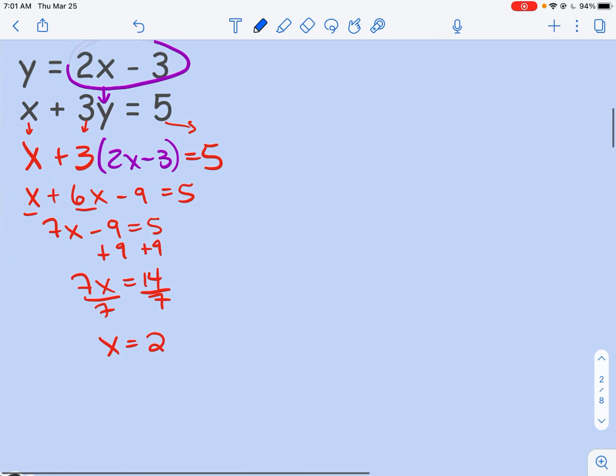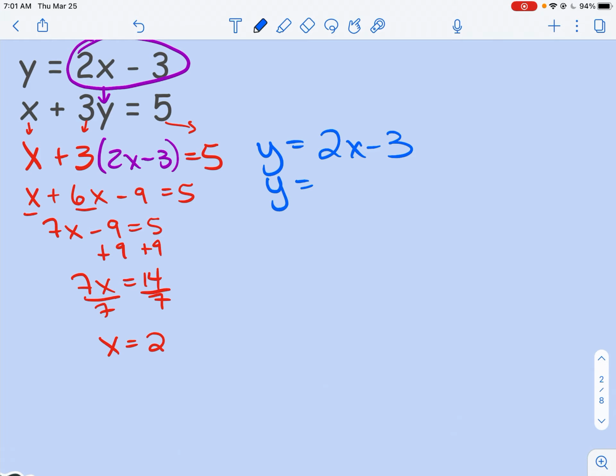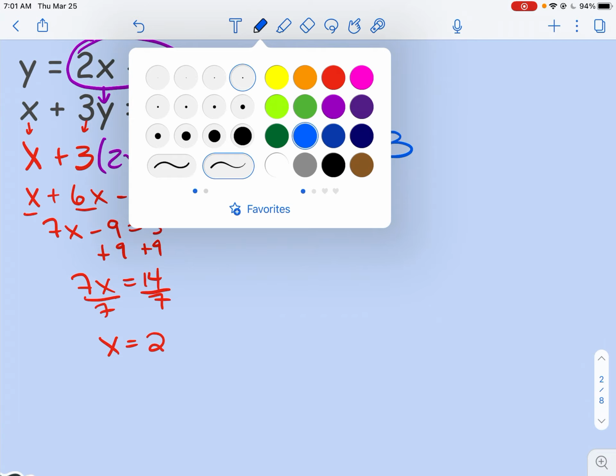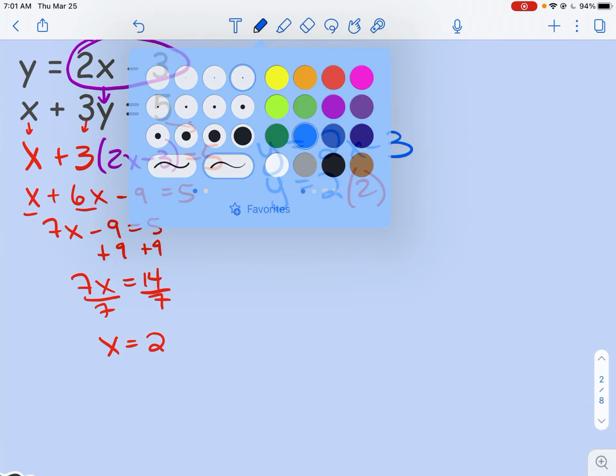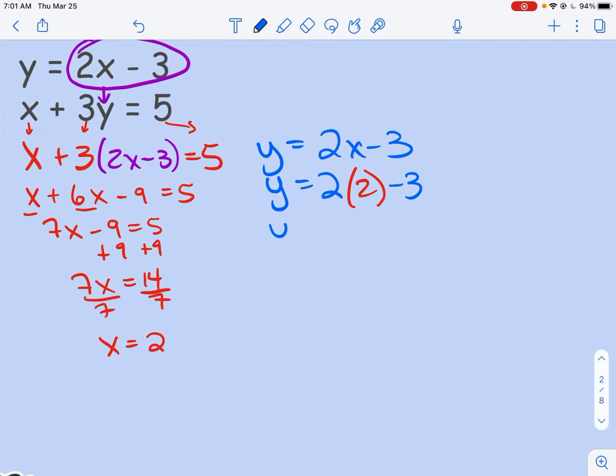So you could plug it into either equation, but you know me, I prefer to do the simpler one. So I'm going to take 2 and plug it in for my x value. Now this first one I purposely did so that it came out to have an actual solution. And that solution is going to be 2, 1, just so that we could review how to do this.